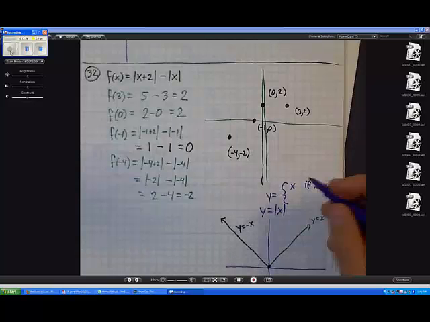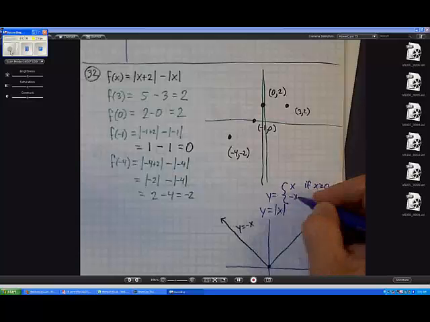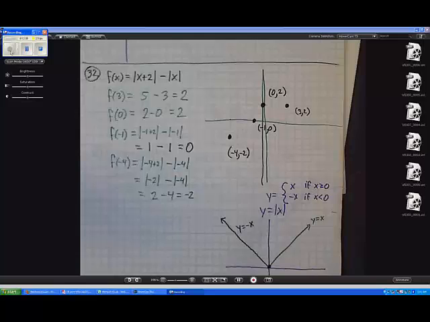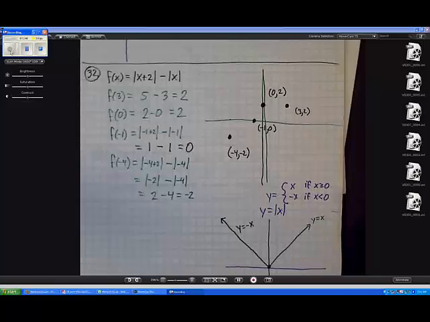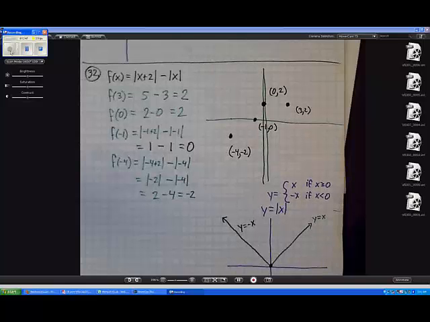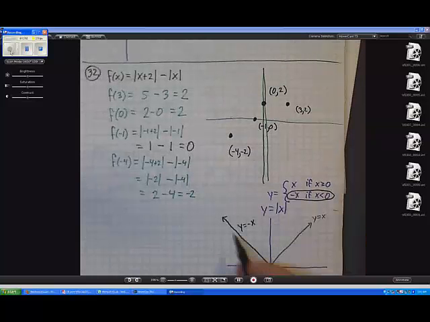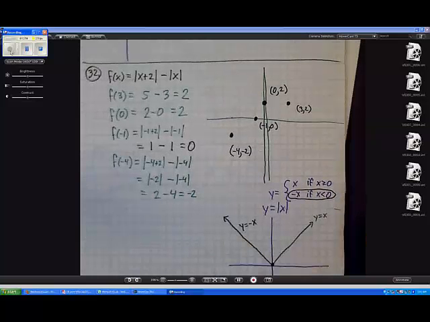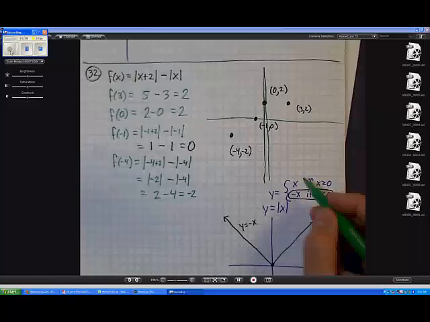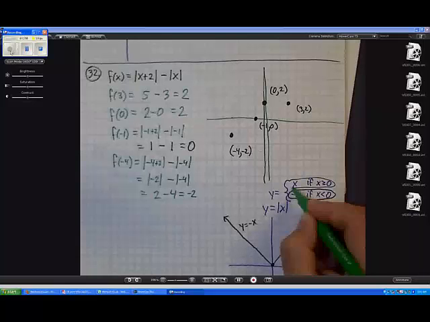Y equals negative x if x is less than 0. Does that make sense? In other words, I'm on this line. That's how I graphed the black. And I'm on this line. And that's how I graphed the green.